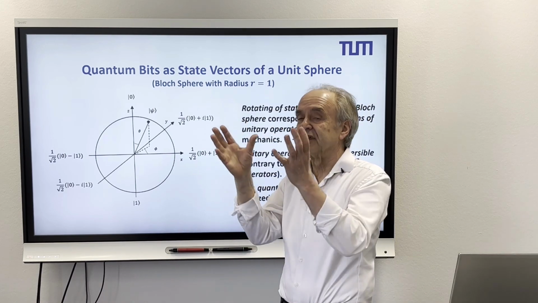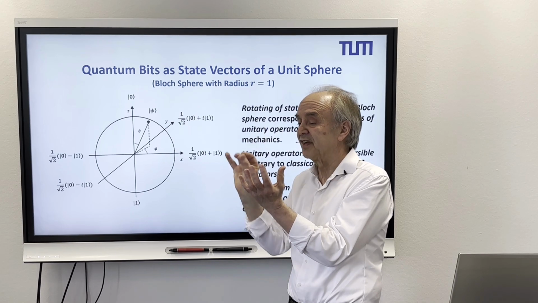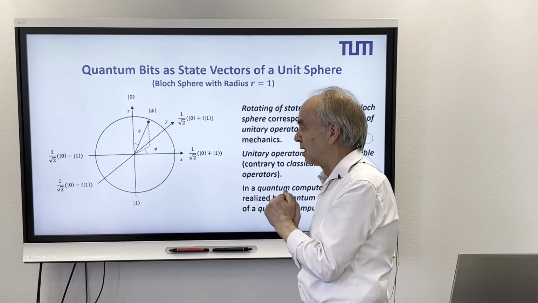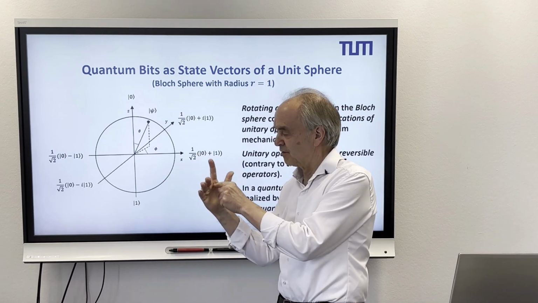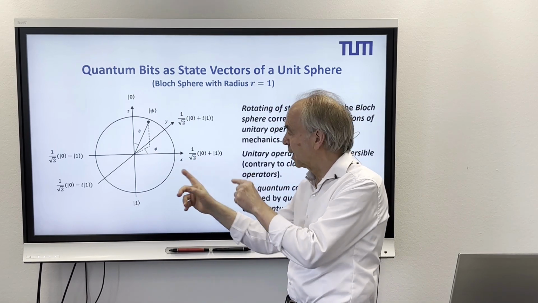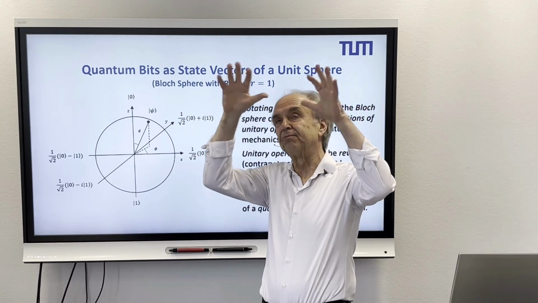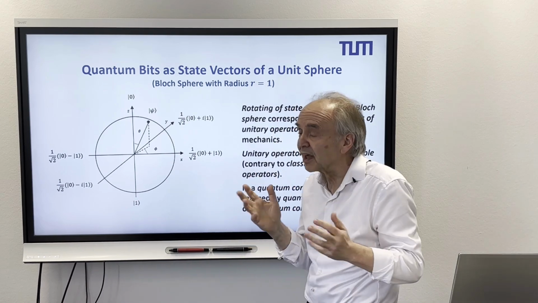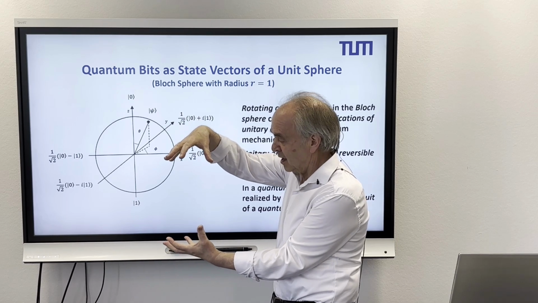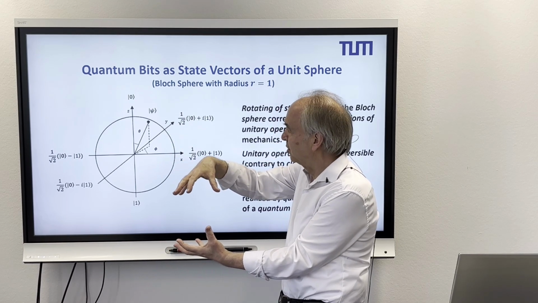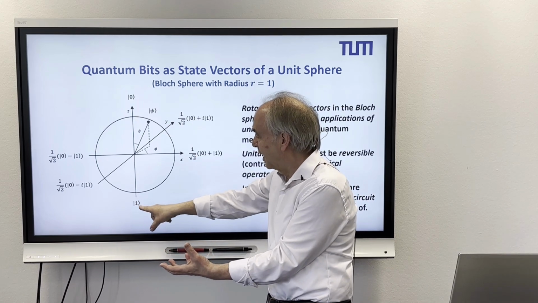And on the surface of the sphere, these points represent all possible quantum states. And then there is a vector which is moving around the center here and is pointing to these points on the surface, that means to the quantum states. At the poles of our sphere, there are our distinguished quantum bits, 0 and 1.